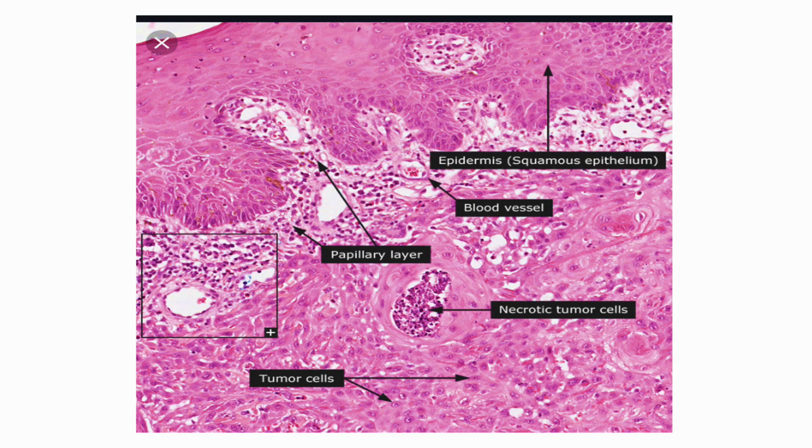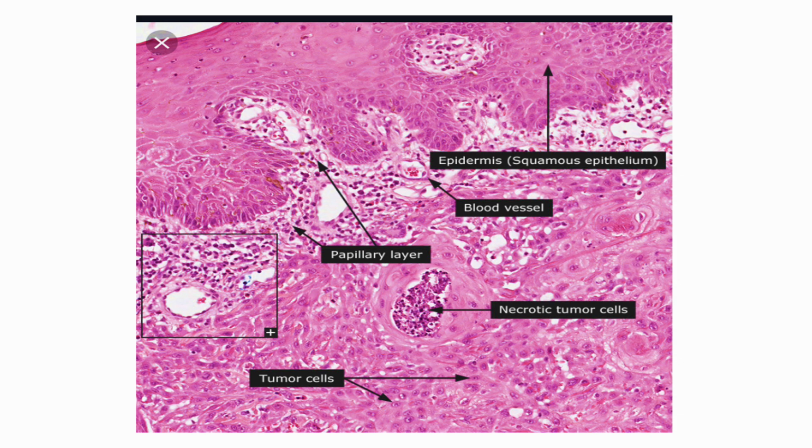So this is the microscopy of squamous cell carcinoma. Here you can see this is the epidermis and this is the dermis, and in the dermis you can see plenty of tumor cells of varying size and shape with hyperchromatism. Some of the tumor cells show hyperchromatic nuclei.